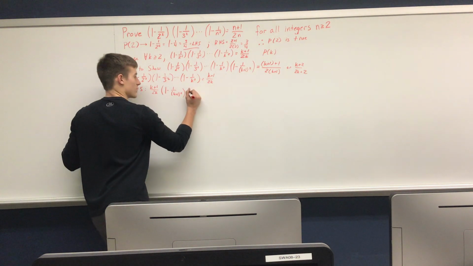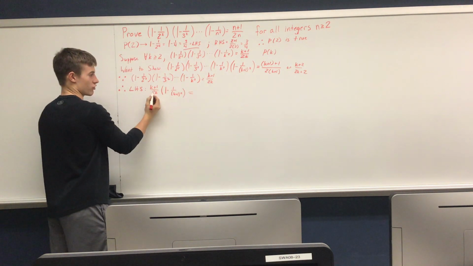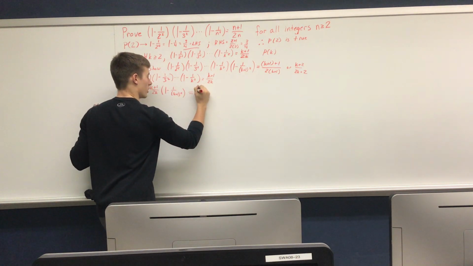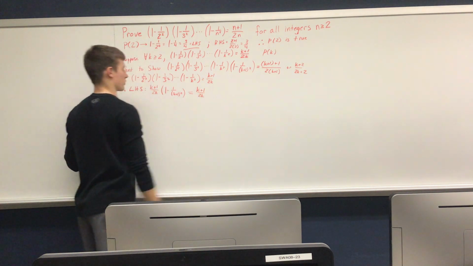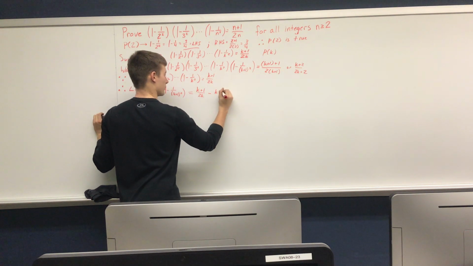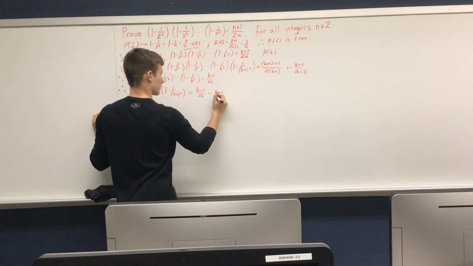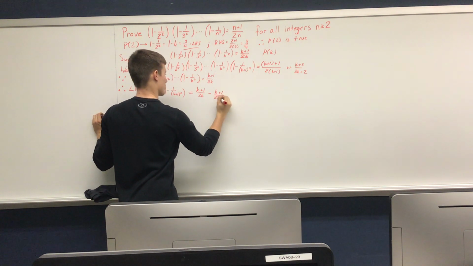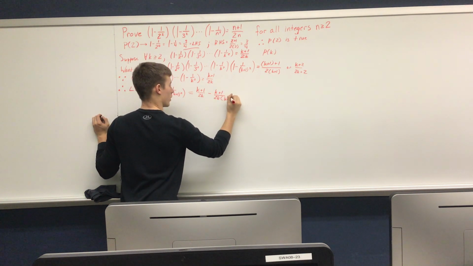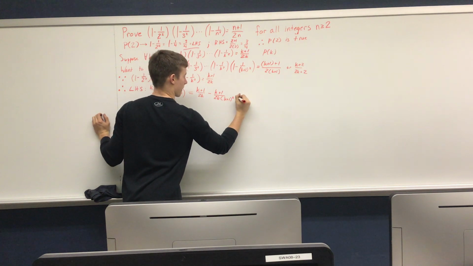So now that can be simplified, we're just going to distribute this into the parentheses. So we get (k + 1)/(2k) times 1, which is (k + 1)/(2k), minus (k + 1)/(2k(k + 1)²).